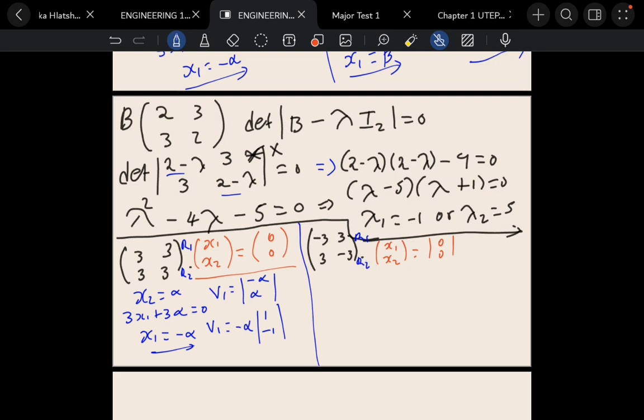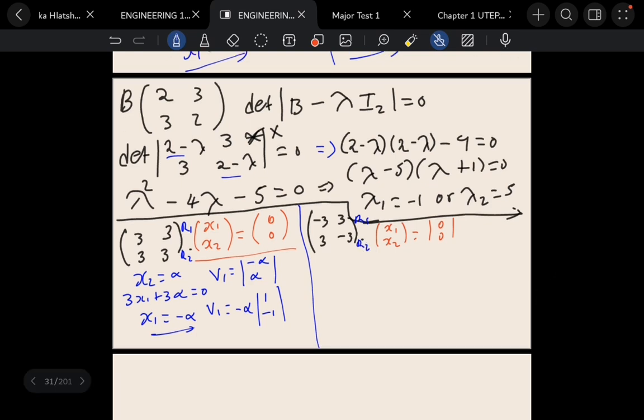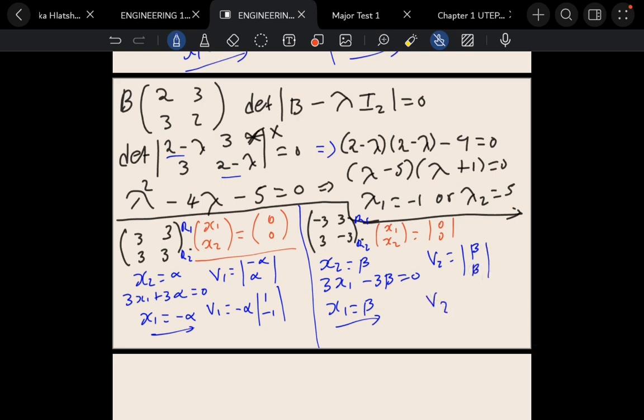To get the second row, you need to multiply the first row by -1 to get row 2. In that case, row 2 is depending on the first row. Then we can say that x2 is equal to beta, and use any row or equation to solve that. So I'm going to have 3x1 minus 3 beta is equal to 0. And try to solve for x1. x1 is actually beta, and your v2 is going to be beta, beta.